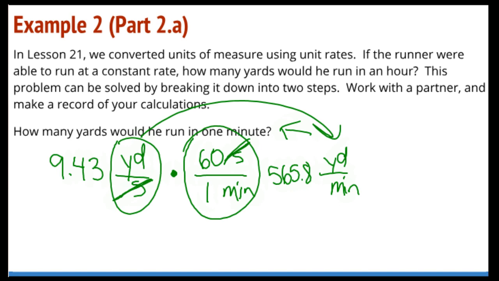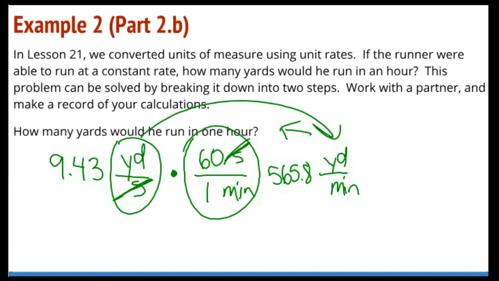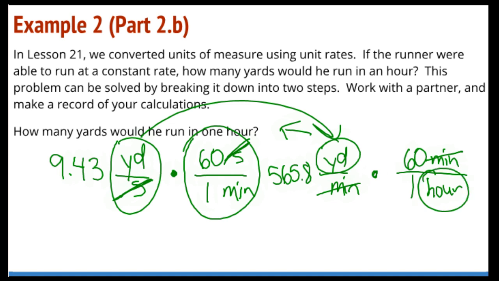And now that I have minutes, I need to scale up to hours. And I know that there are 60 minutes in 1 hour. So notice that I've again used what we did in lesson 21, and I have set it up so that the minutes will divide each other out, and I will be left with yards per hour.